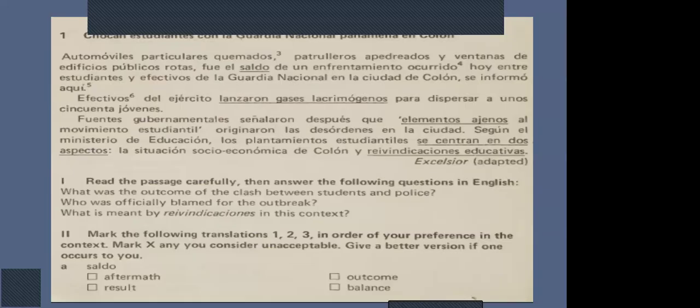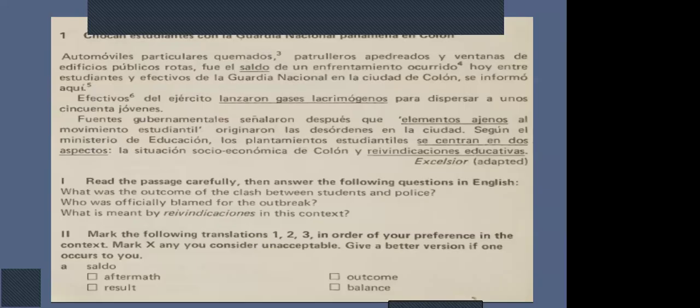Mm-hmm. Okay, let me have my translation. Students clash with Panamanian National Guard in Colón.